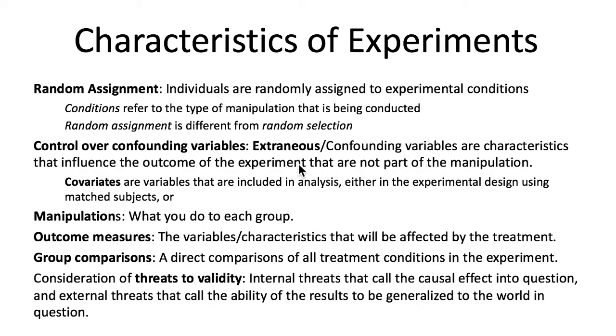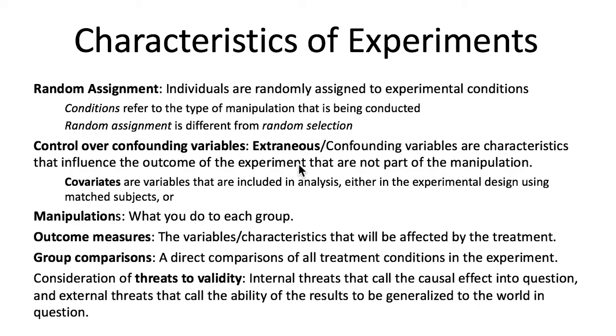The second thing is control over confounding variables. When we talk about extraneous variables, we just mean any variable that we're not measuring directly to test our hypothesis. It's not our IV, or independent variable. It's not our DV, or dependent variable. So there are other variables that are important and they influence the outcome of the experiment, but they're not really part of the manipulation.